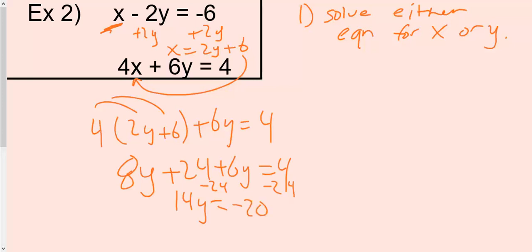Normally, I get a whole number for these problems, and I'm realizing that I made a mistake. You can get fractions, and I definitely made a mistake. I missed that negative sign there. So that should be a negative, and that should be a negative 24. So I'd add 24 on both sides, and that'd be 28. Is it possible to get a fraction for an answer? Yes, it is.